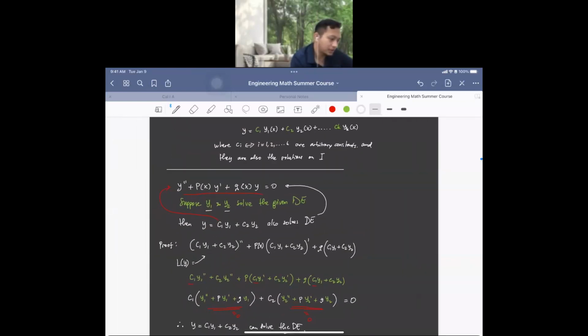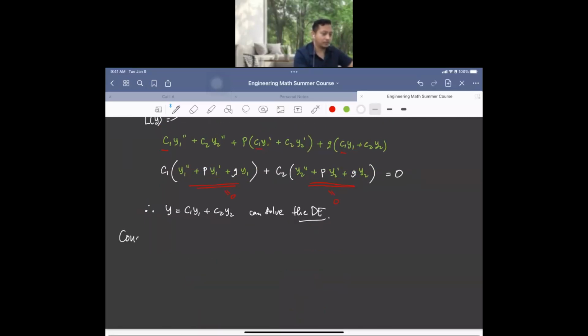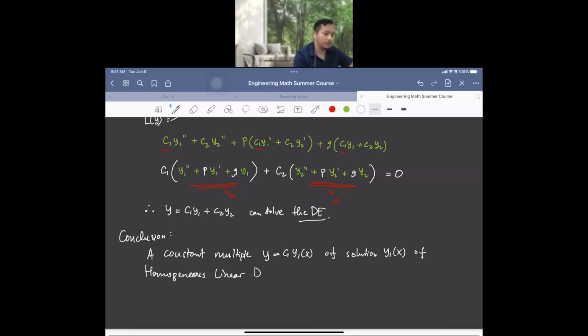Wait. Homogeneous. Okay. So as a conclusion, a constant multiple c1 y1(x) of a solution y1(x) of a homogeneous linear differential equation is also a solution.